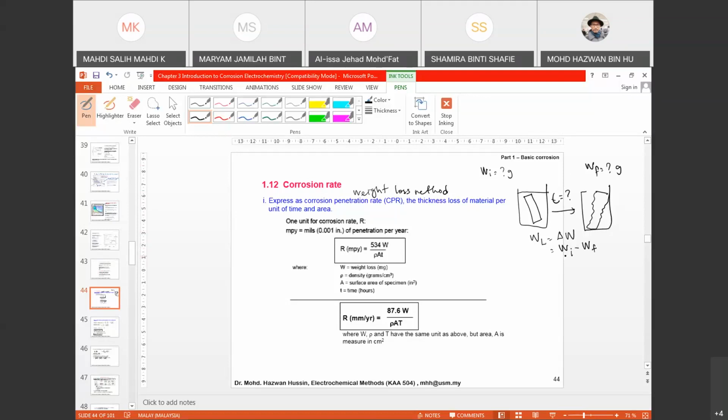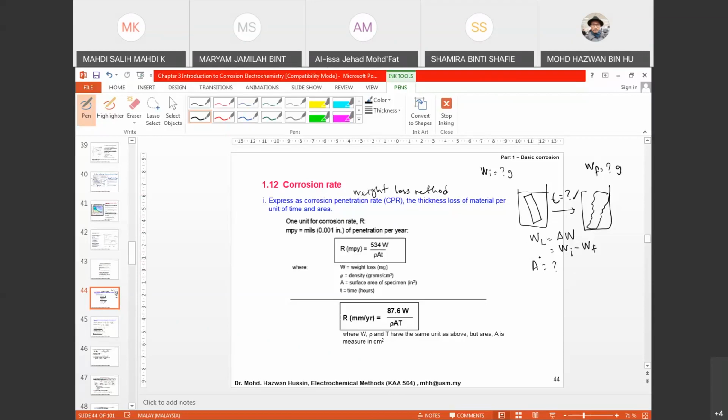And then the other consideration is that you know the area, because this is a specific area. And you already know the time, a fixed time, and probably other parameters. So this is the method known as weight loss.